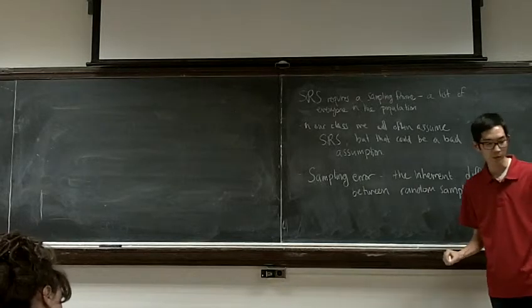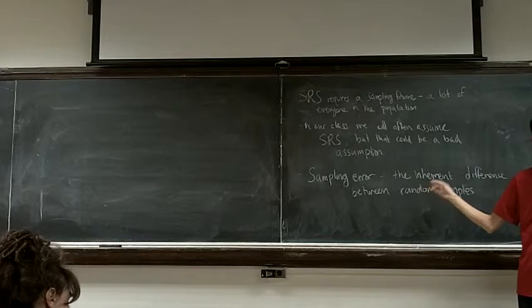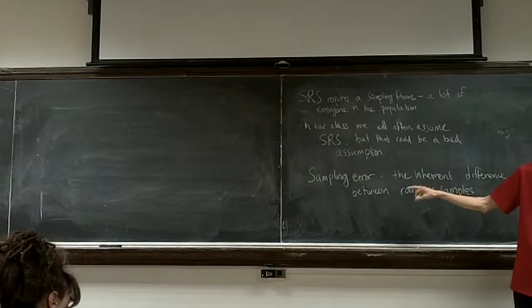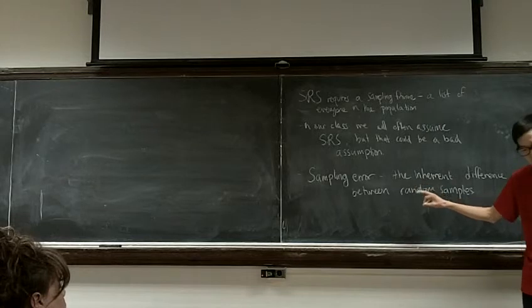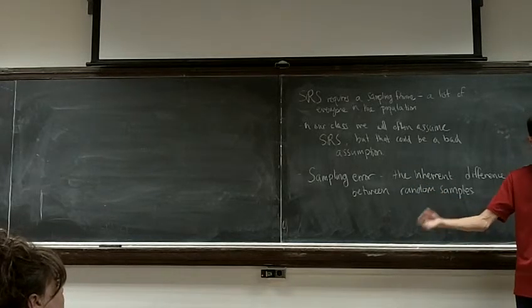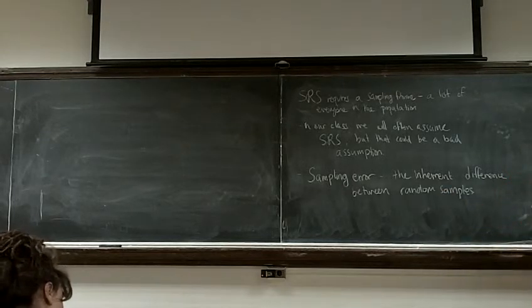And our study of probability and statistics will help us understand sampling error, which allows us to understand whether something could be a result of just random sampling error, or is it a result of the fact that things are actually different. That's what we must understand.